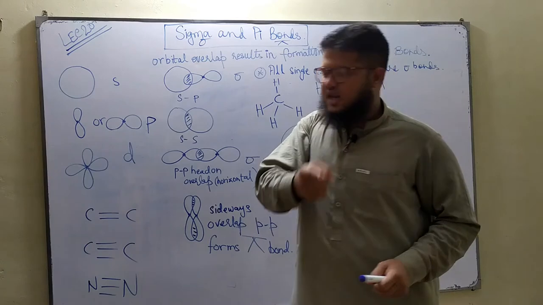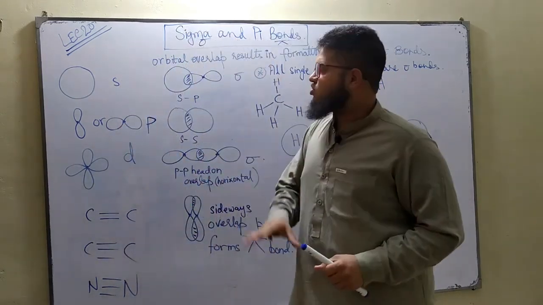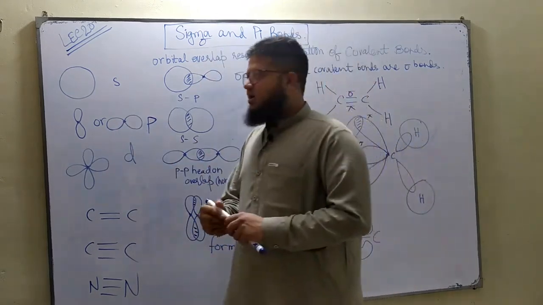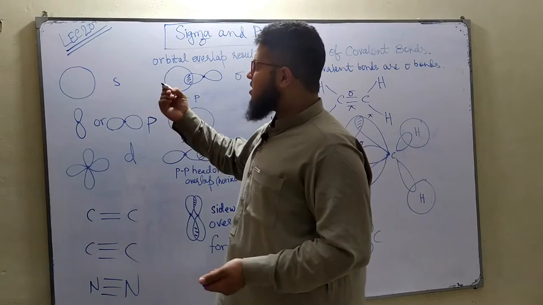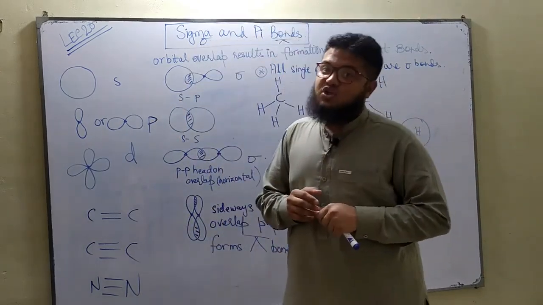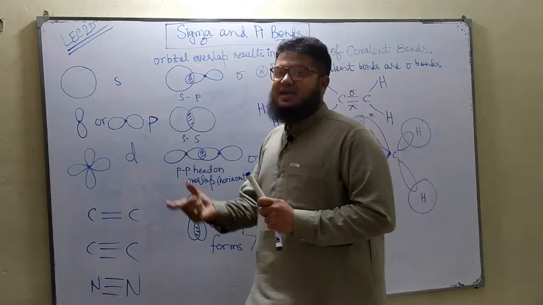So let's begin now. Before we move on to the sigma bonds and the pi bonds, you must know the shapes of the different orbitals which you've studied so far. Remember the definition of an orbital? An orbital is the region of space in which the probability of finding an electron is maximum.